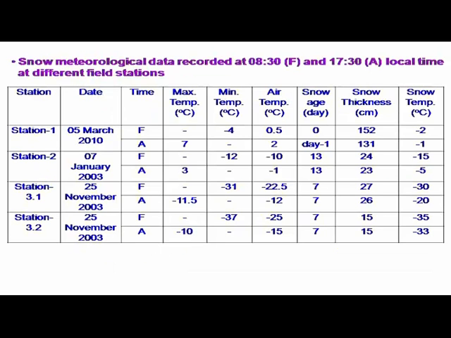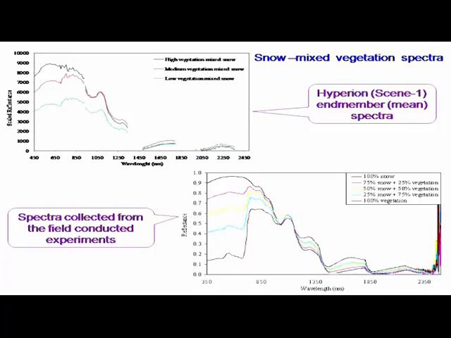And we have also compared that again with the snow meteorological data. Another application is snow mixed with vegetation. Using the Hyperion scene, we again used the PPI method, with PPI 3D scatter plots.